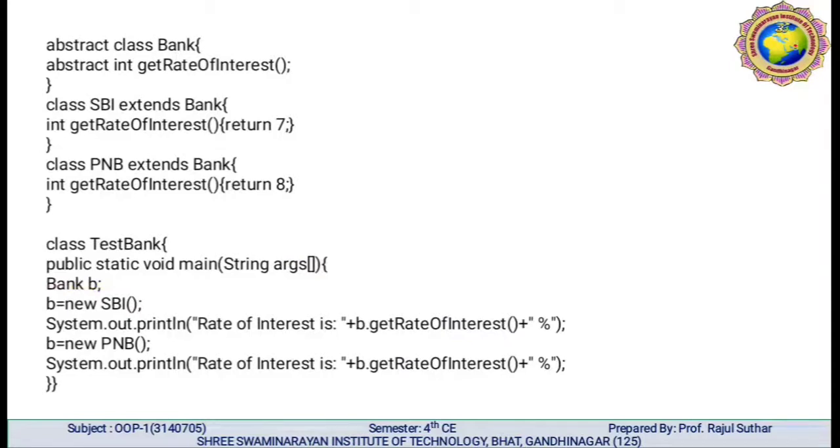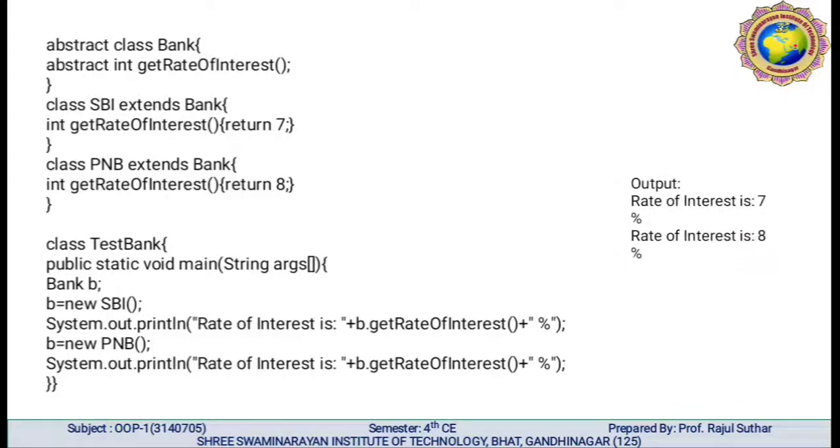System.out.println "Rate of interest is" plus b.getRateOfInterest() plus a percentage sign. We are all familiar with the rate of interest shown as a percentage. Then b = new PNB(), and again with System.out.println we display the rate of interest for the PNB bank. So in the second statement, the Punjab National Bank rate of interest will be displayed.